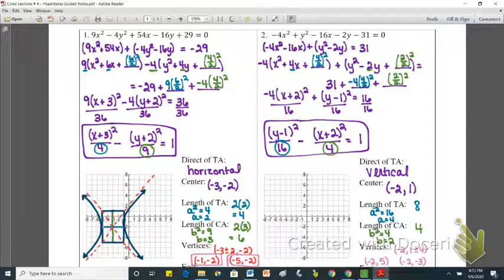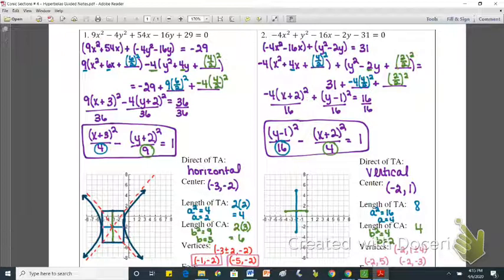So first things first, we're going to graph our center. So it's at -2, 1. Transverse axis is vertical, so I'm going to go up and down. So that's up 4, down 4. My conjugate axis is 2, so I'm going to go right 2, left 2.